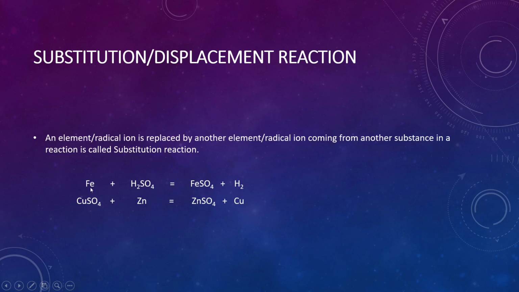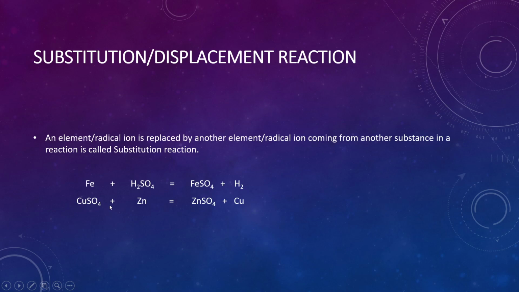Please look at this example. Iron is reacting with sulfuric acid. Here the hydrogen in the sulfuric acid is substituted by iron, so it's making ferrous sulfate, and the hydrogen gets separated. And the next example, copper sulfate.